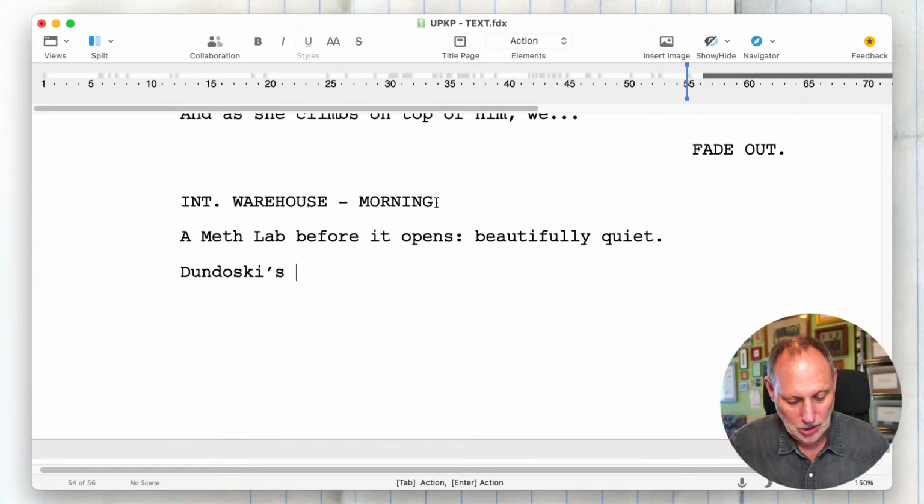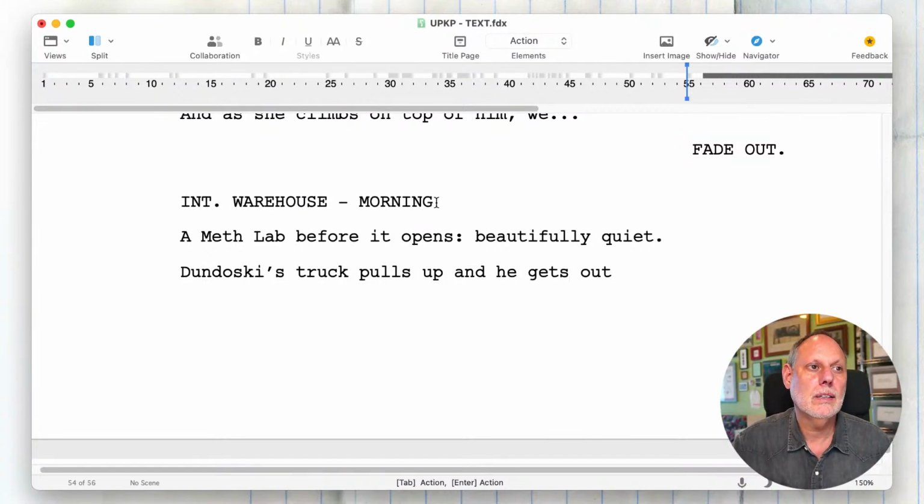Dondowski's truck pulls up and he stretching. He's been driving.